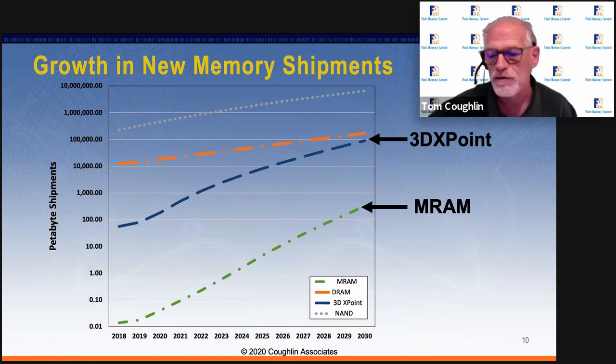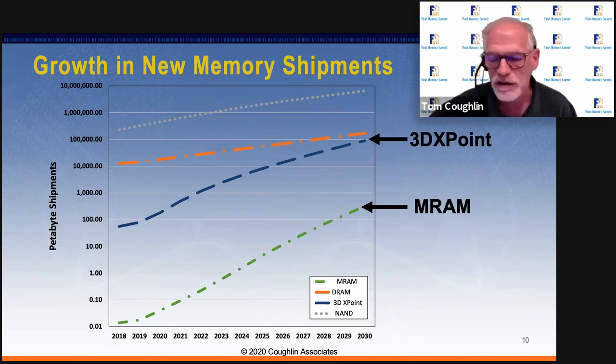And this chart comes from a recent report that Jim Handy and I published, called Emerging Memories Find Their Direction. The total emerging memory market, MRAM plus 3D Crosspoint, could exceed $36 billion by 2030. This chart shows how petabyte shipment growth could drive that number. It also compares the current and projected capacity shipments for the next 10 years for various emerging non-volatile memory technologies versus DRAM and NAND.